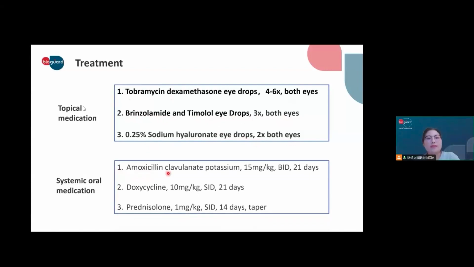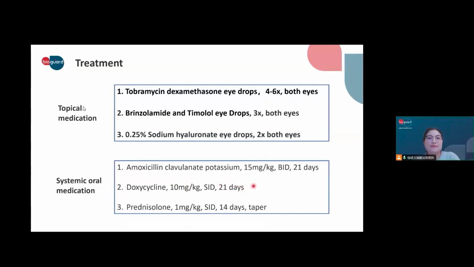amoxicillin clavulanate potassium for 3 weeks, and doxycycline for 3 weeks. Even though we didn't find any underlying disease, the level of CRP was a little higher than normal, and the appearance, do you remember some black spots in the anterior chamber?